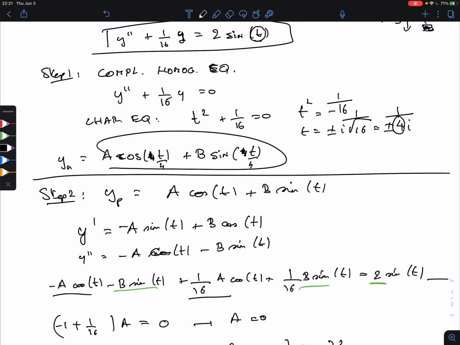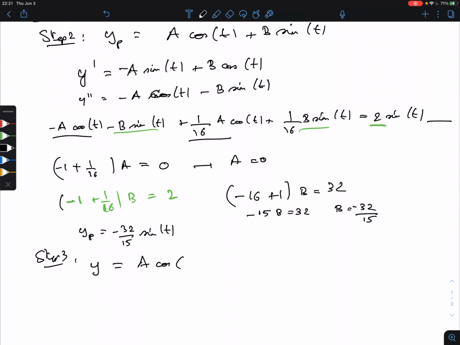I wrote it down correctly here, but then all of a sudden I switched it over. So this is plus or minus 1/4 i. So omega is 1/4 here, the frequency. What we call this is the natural frequency of the spring, meaning what happens if there's just a weight hanging on it, nothing else, no other forces, and gravity, of course. So that is the natural frequency.